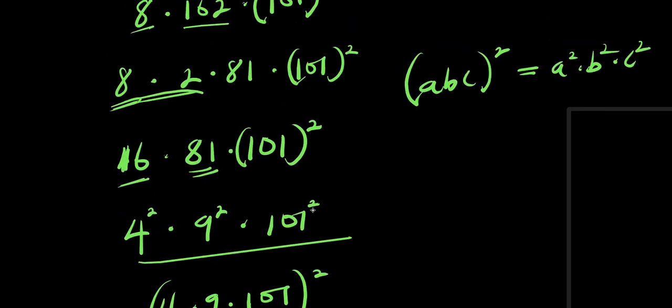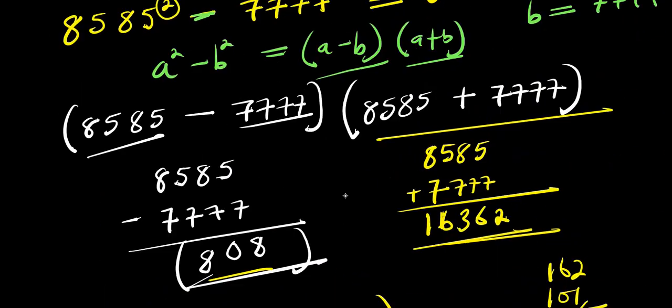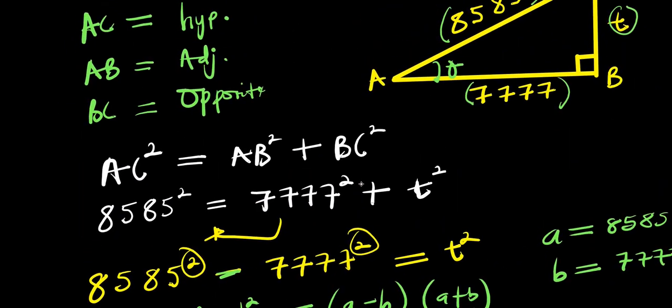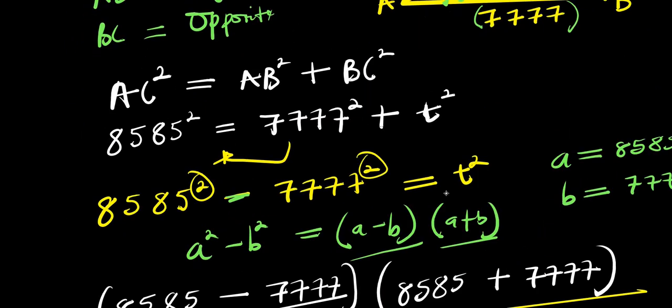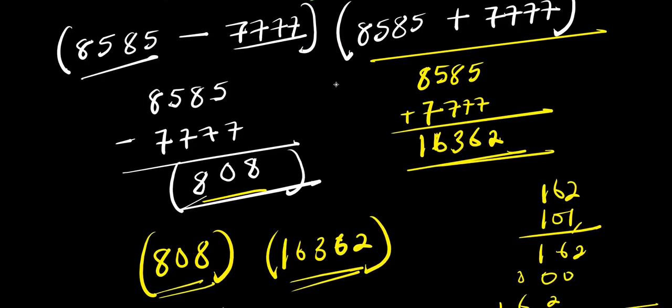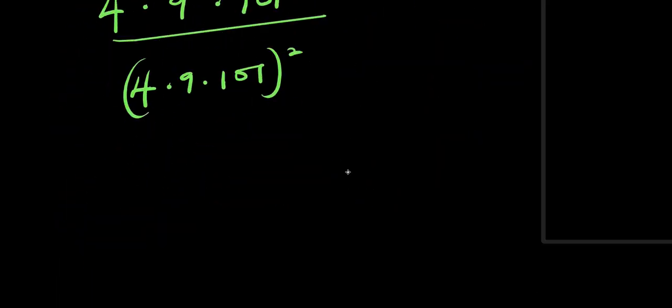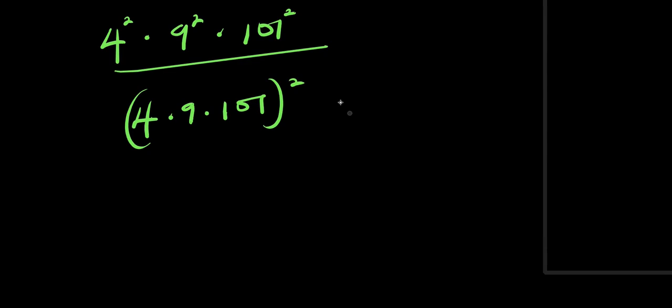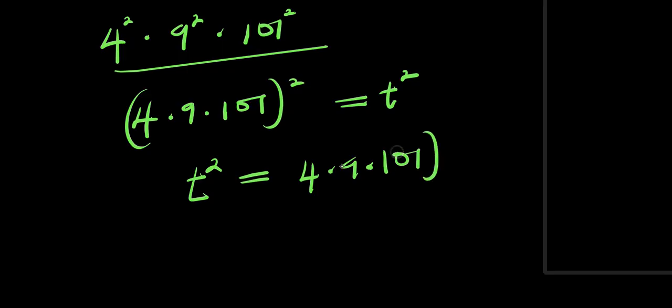Now what are we actually looking for? Remember, this is T power 2 that we are looking for. So that means this actually equals T power 2. That means T power 2 equals 4 times 9 times 101 raised to the power of 2.